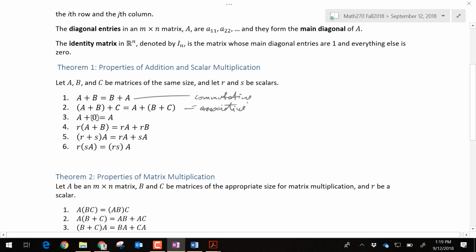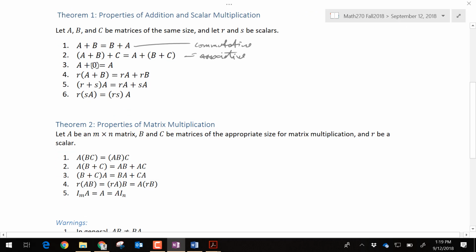All right, now matrix multiplication, we'll go into that in a little more detail next time, but just to give you some properties, matrix multiplication is associative. And distributive, actually distributive in two ways.